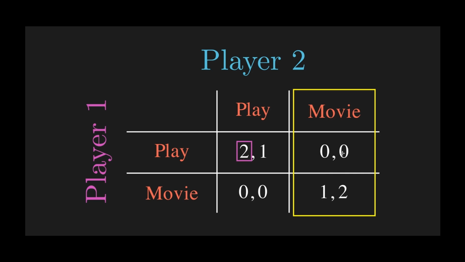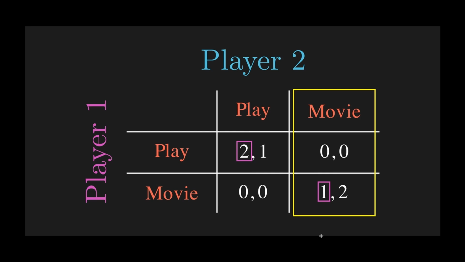What should you do in that case? Well, just like before, we want to match our date. So if you go to the play and they go to the movie, you get a payoff of 0. Turns out they do too. You get a payoff of 1 if you go to the movie with them. So in this case, you should go to the movie. Again, you should match your date.